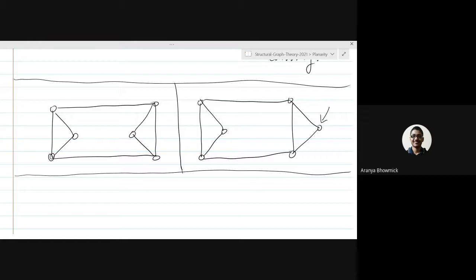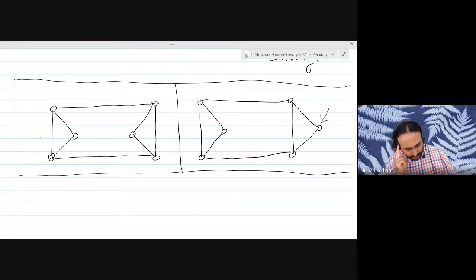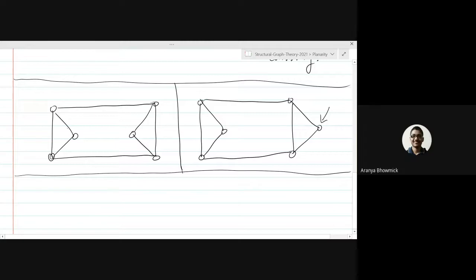By adjacent, I mean they share an edge in common. But what about this face? It shares an edge with every face, right? Yeah, it shares an edge with every face.